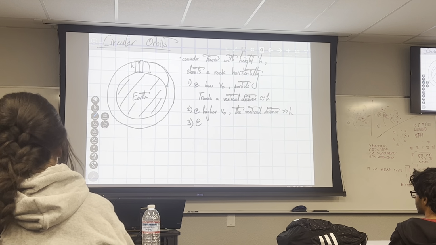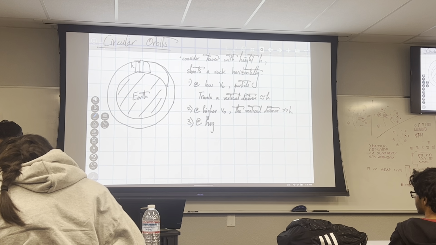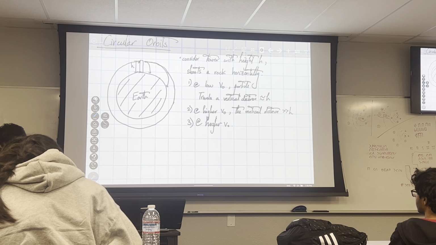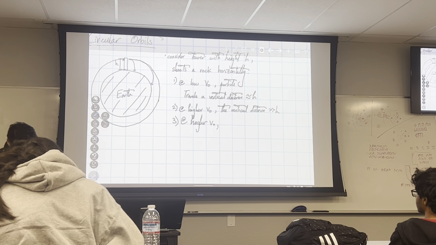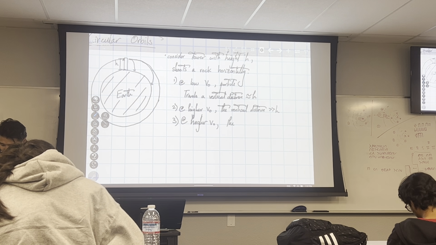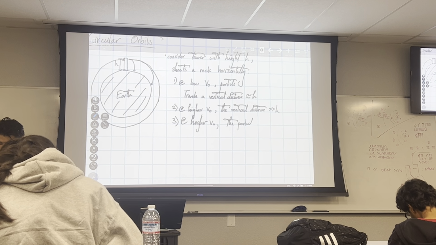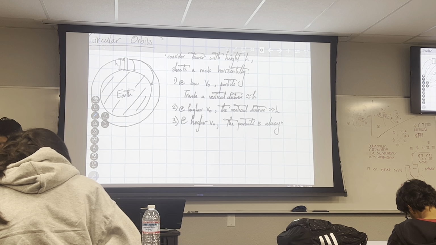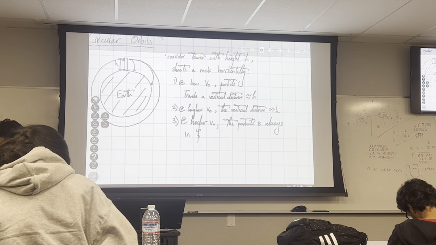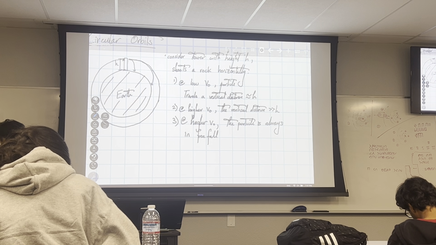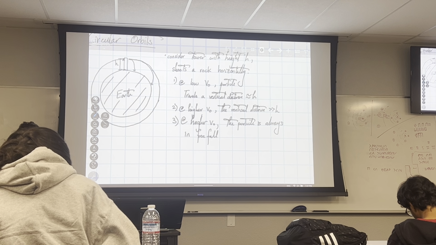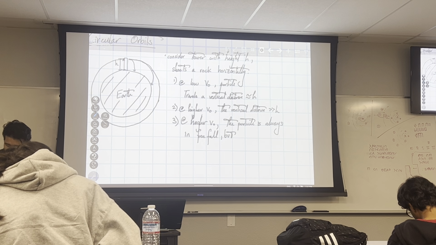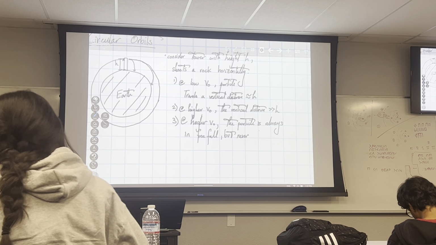So at higher v naught, the particle is always in free fall but never hits the ground.